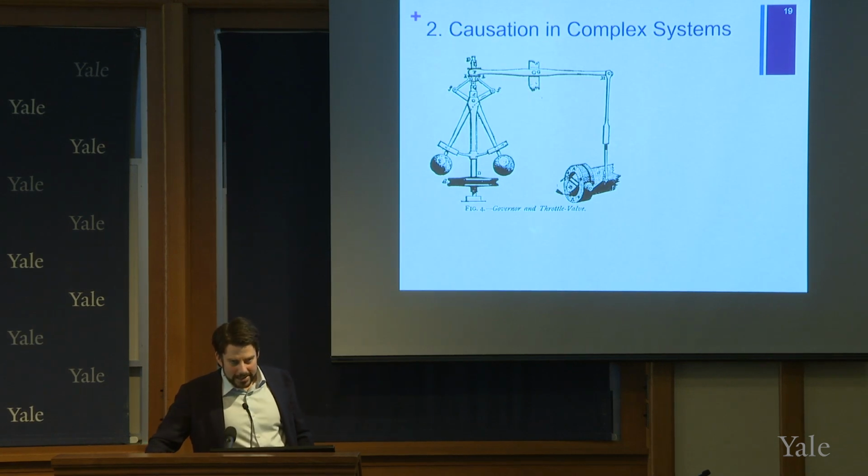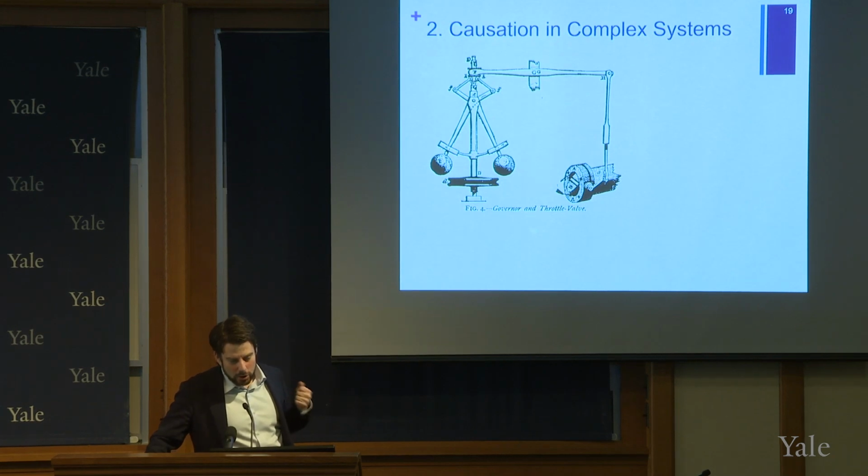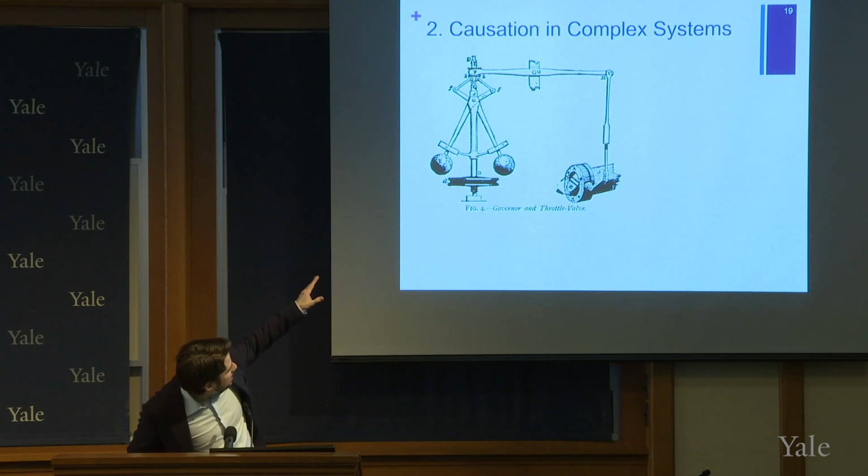So instead of having some human there who would see the changes in workload and respond to them, this is a controlled feedback loop where you have these fly balls, which have a mass and are connected to a spindle. And the spindle is rotating proportional to the speed of the steam engine.